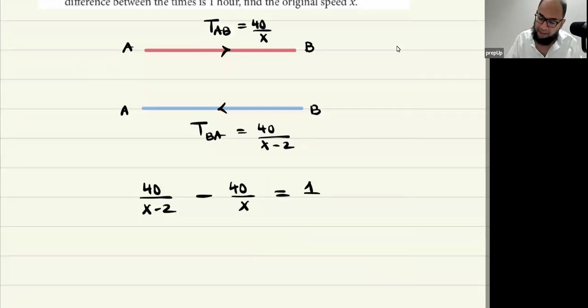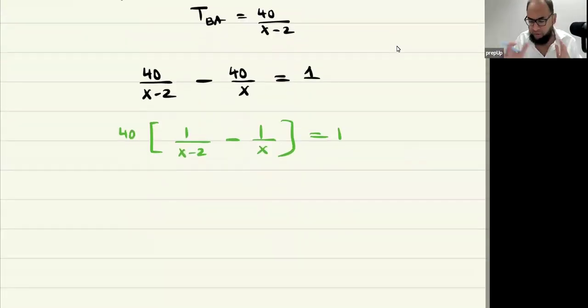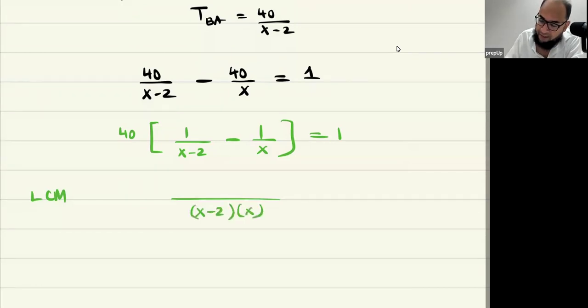Now, let me simplify. Let me take 40 common out. Let me write this thing as 1 over x minus 2 minus 1 over x equals to 1, and then I'll use that 40 later. Now take LCM, that is x minus 2 into x. This 1 multiplies with this x, so this is 1 into x.